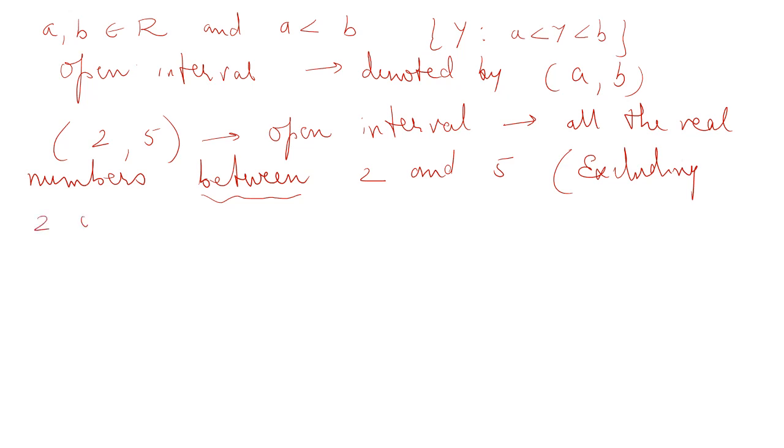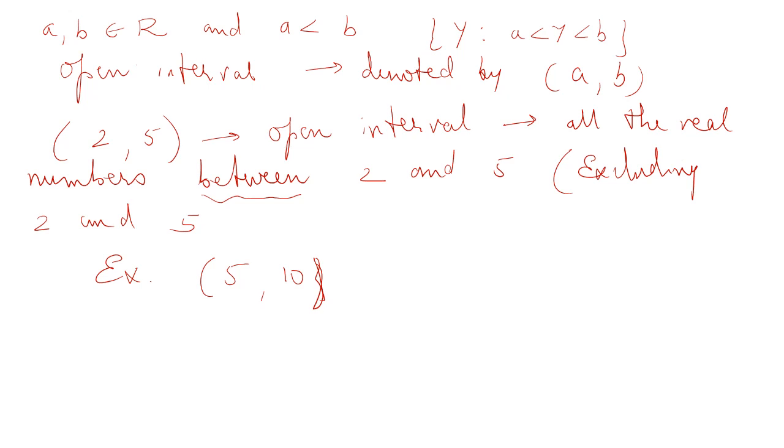Suppose, for example, if you take natural numbers in the interval 5 to 10, what are the natural numbers here? 6, 7, 8, 9.